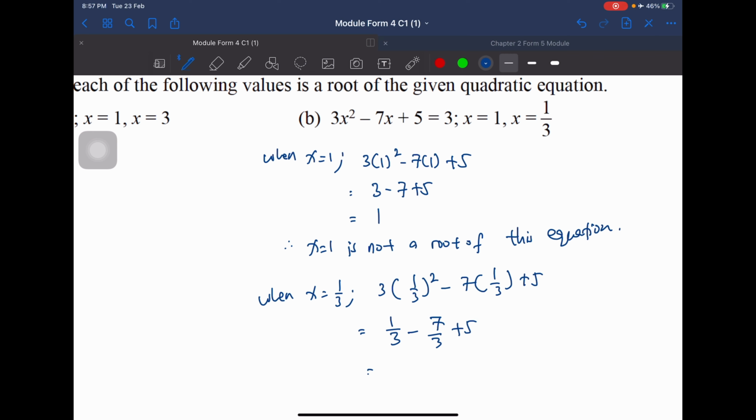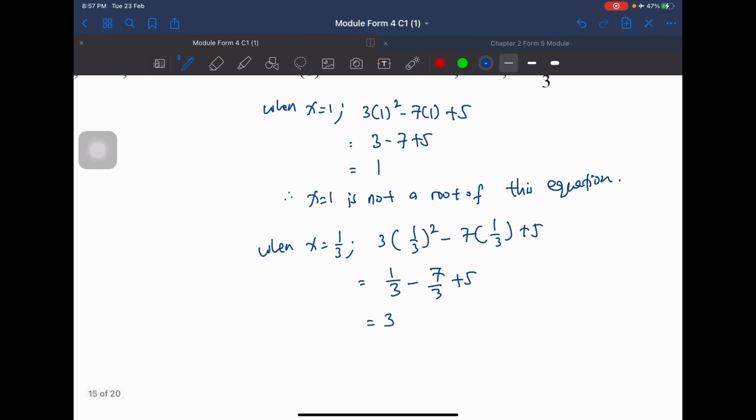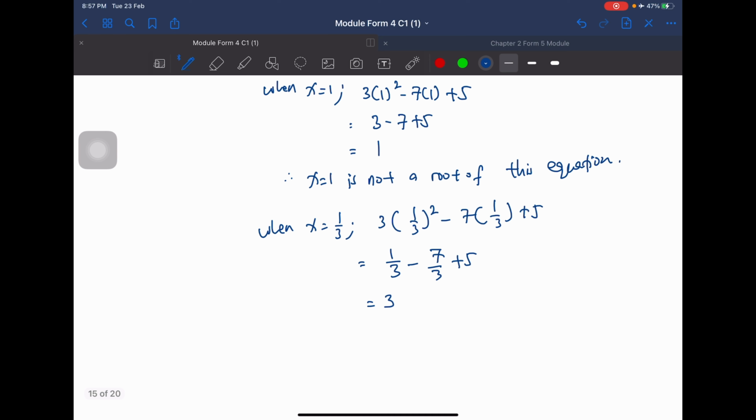You press your calculator and your answer is 3. So what can we conclude? Thus x equals 1 over 3 is a root of this equation.